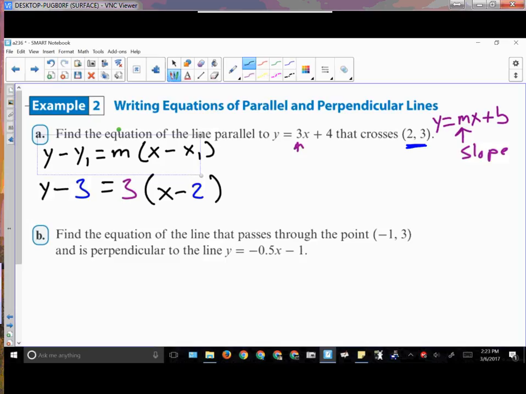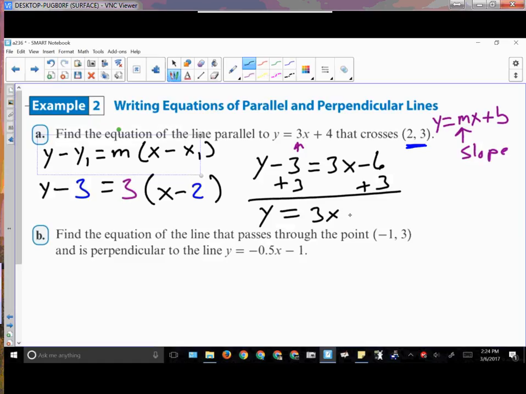Plug the bits and pieces in, see where they go. So now I have y minus 3 is equal to 3x minus 6, add 3, and our equation is y is equal to 3x minus 3. So this is going to be a line that is parallel to the first one, same slope, and goes through the point at 2, 3.